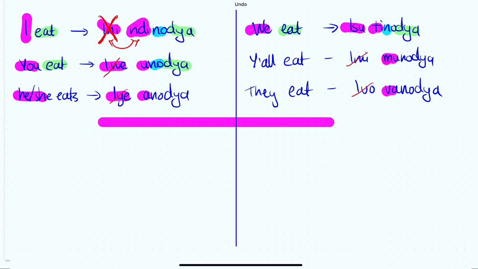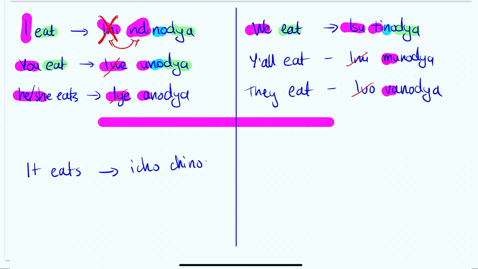When it comes to things, nouns in the things classes, if I want to say it eats, then I can say icho chinodya or iro rinodya or iyo inodya.